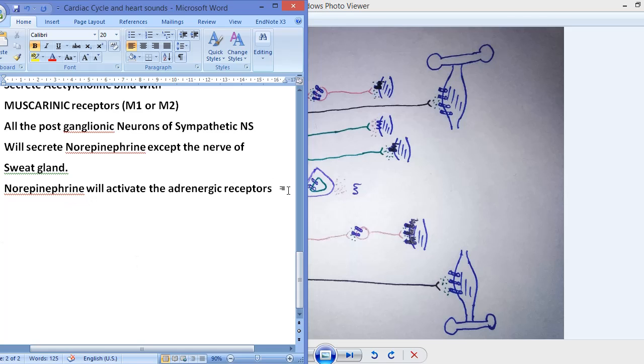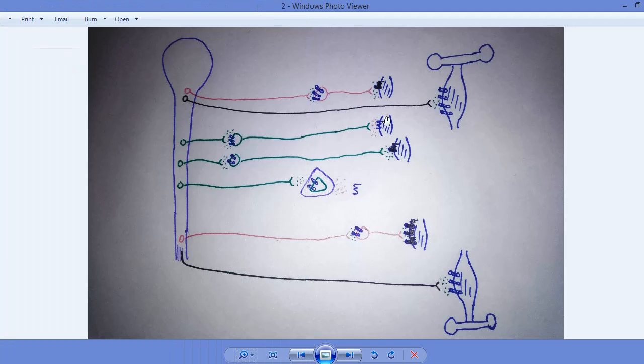The norepinephrine will activate the adrenergic receptor, and adrenergic receptors are present where? They are present on the smooth muscle, and the smooth muscle to which the postganglionic neuron gave connection.